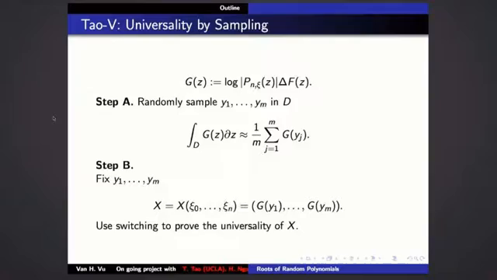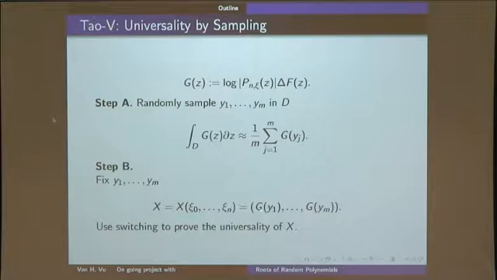Now, after we take these sample points y1 up to ym, and fix them, then this function, which counts the number of roots, is an explicit function of those g(y1) up to g(ym). And now you can use the Riemann here to prove the universality of this vector, in the very same way.